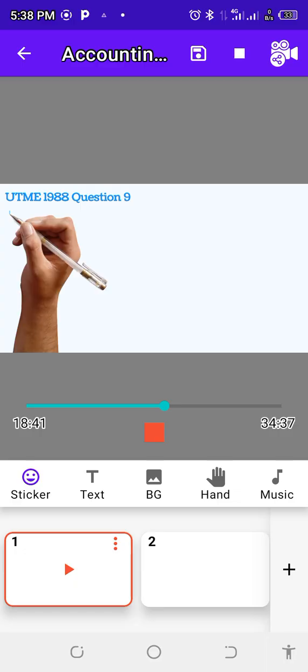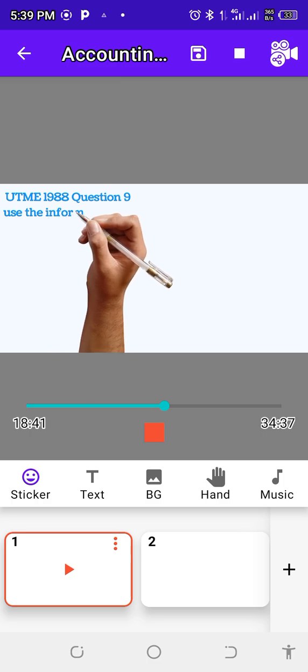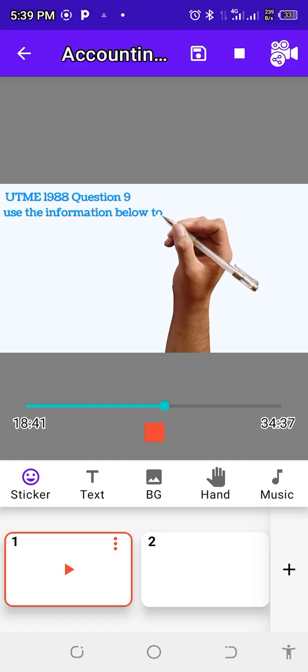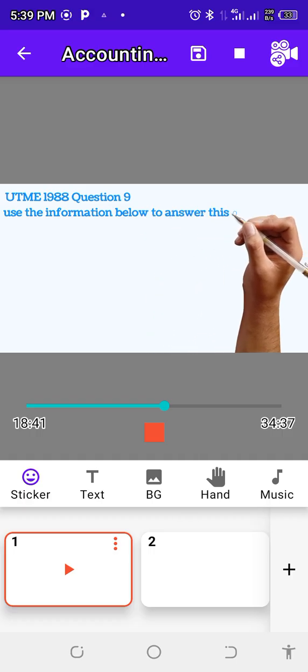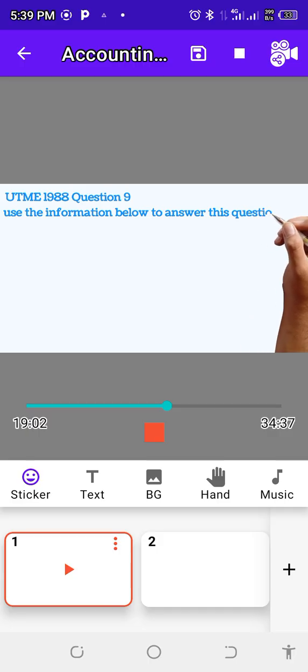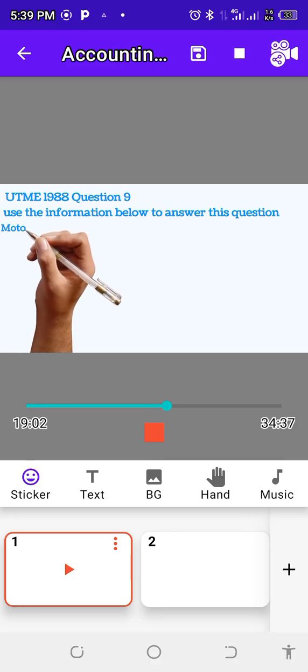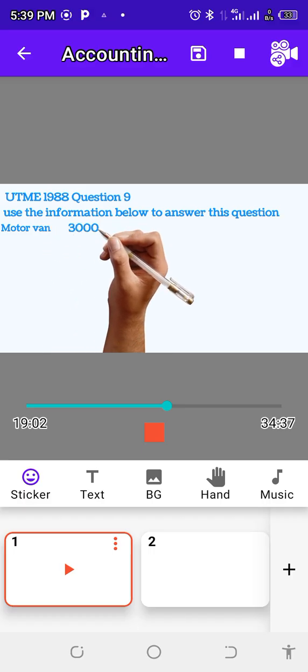Now, the next question we are going to take a look at says, use the information below to answer this question. What is the information? The motor van is 3,000.